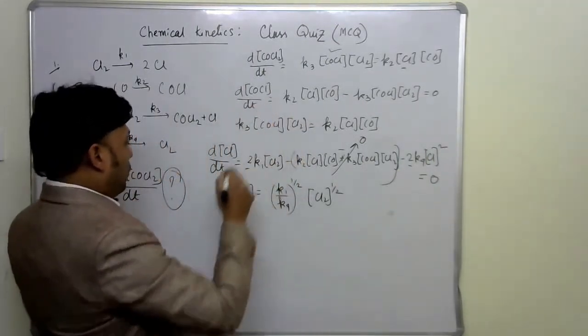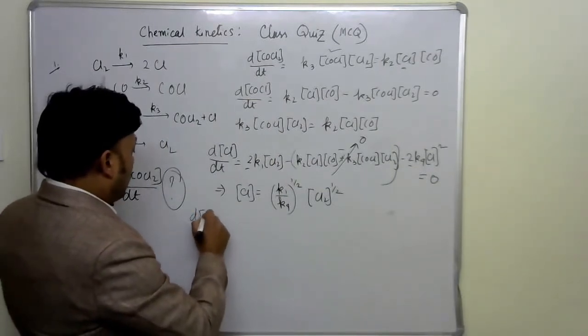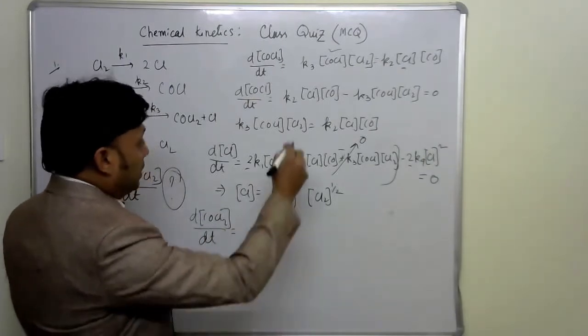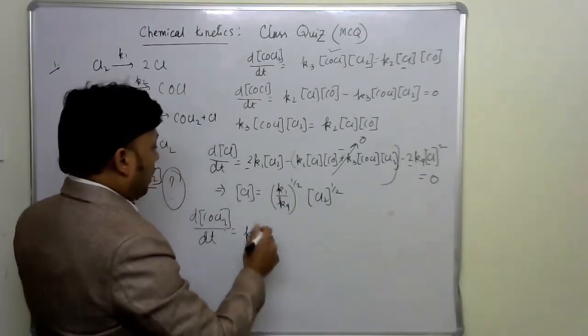So therefore we can find the rate of formation of CaCl2, that means dCaCl2/dt is equal to K2 multiplied by Cl.